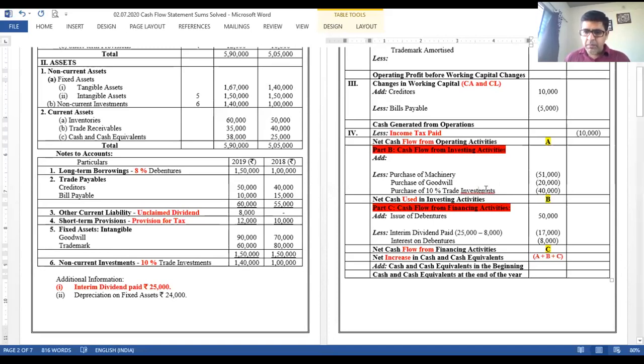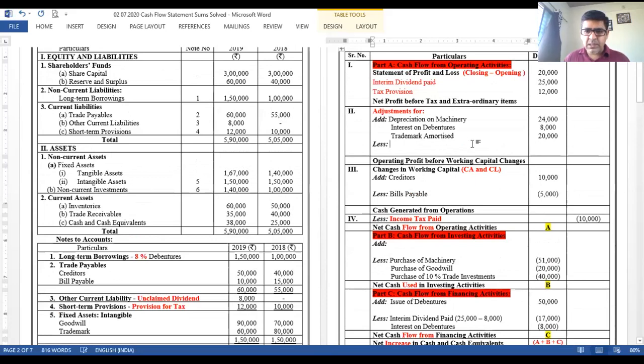Again, an important point over there is the rate of interest, 10%. The 10% has to be taken off the opening balance, because when we purchased this additional investment, that is not known to us. So 10% of 1 lakh will be 10,000. Interest on investments is an income for us, and any income we deduct in this adjustment part.